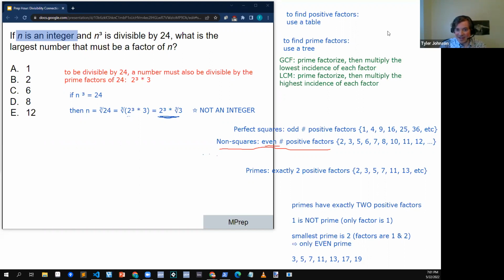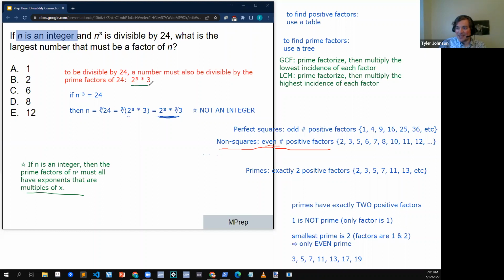I should say more generally, this is the rule that's going on here: if n is an integer, then the prime factors of n to the x must all have exponents that are multiples of x itself.